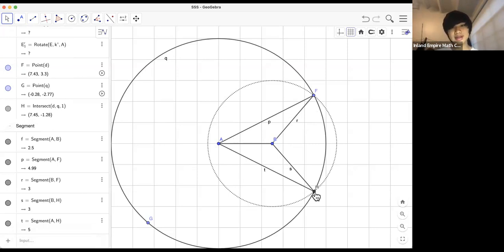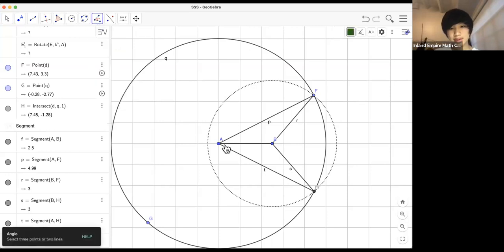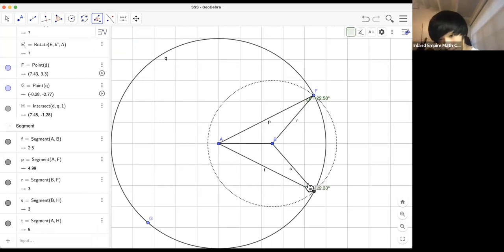But this is actually the same triangle, because these two triangles have the exact same side lengths and angles. We can simply look at that through the graphing calculator: 22.58, 22.5, 22.33.